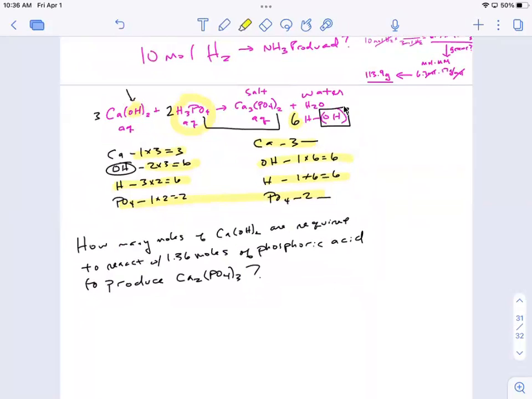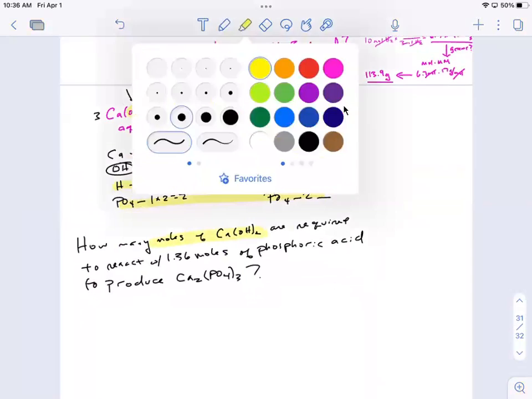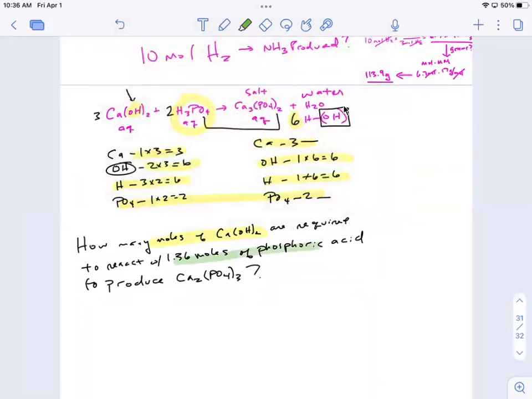It's asking us for calcium hydroxide. It's giving us phosphoric acid, right? So we're going to take what we have, generate a conversion factor based on the coefficients, and get what we need. So what number are we going to put in the top? If we're looking for calcium hydroxide, what number are we going to put in the top of that ratio?